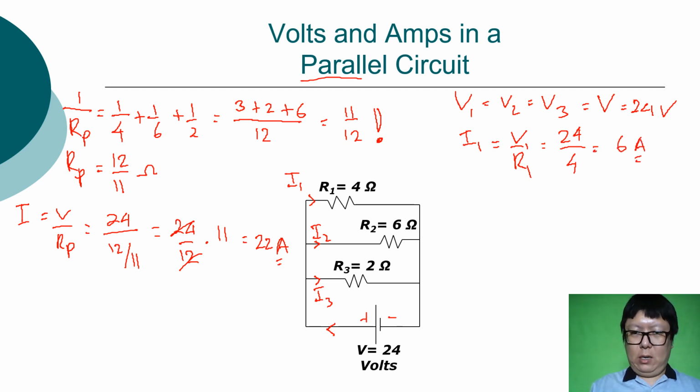Okay. The I2 is 24 over 6, we get 4 amps.